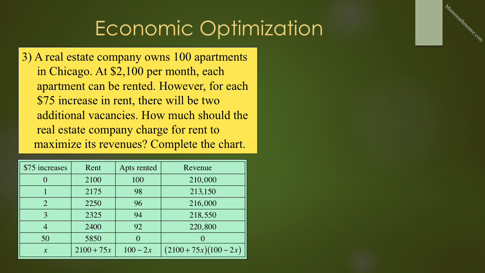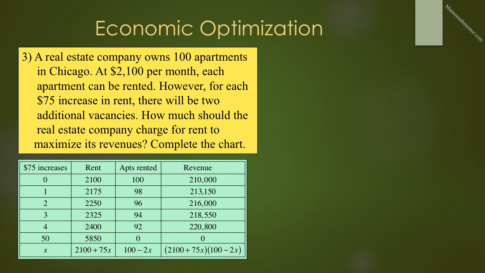However, when we get to 50 $75 increases, the rent is a whopping $5,850, but there are no apartments rented, and therefore the revenue is zero. So if the revenue has gone up, but now is back down to zero, clearly there must be a maximum.